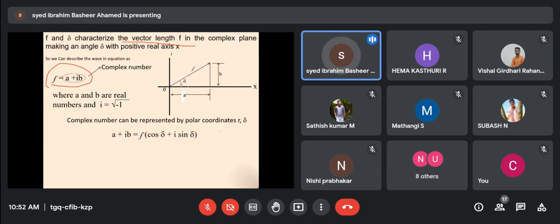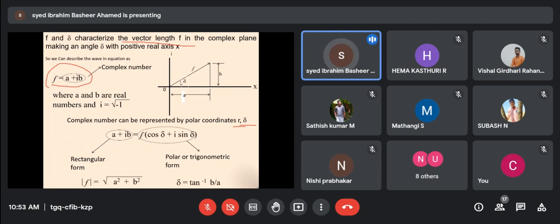A complex number can be represented by polar coordinates r, delta. So I can rewrite a plus ib as f times cos delta plus i sin delta. Here a plus ib is the rectangular form, and this part I can call the trigonometric form or polar coordinates.